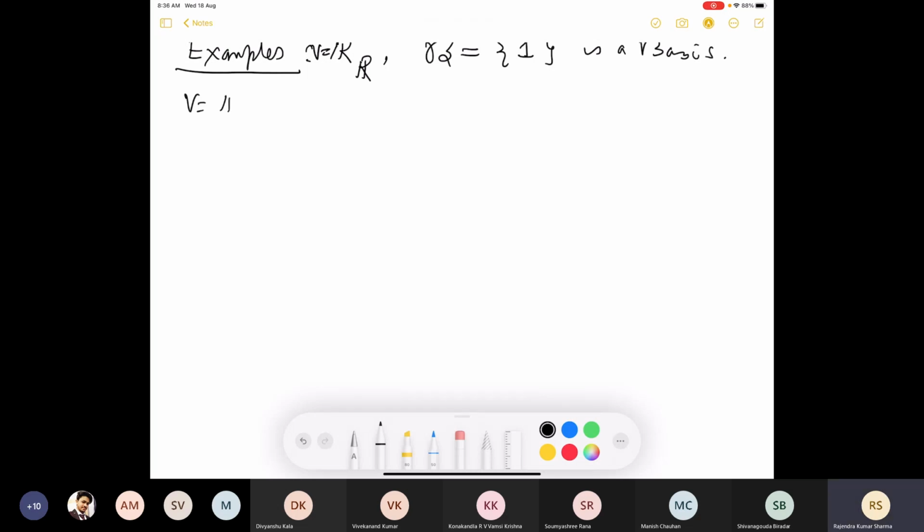For this vector space, in fact, any non-zero real number is a basis.